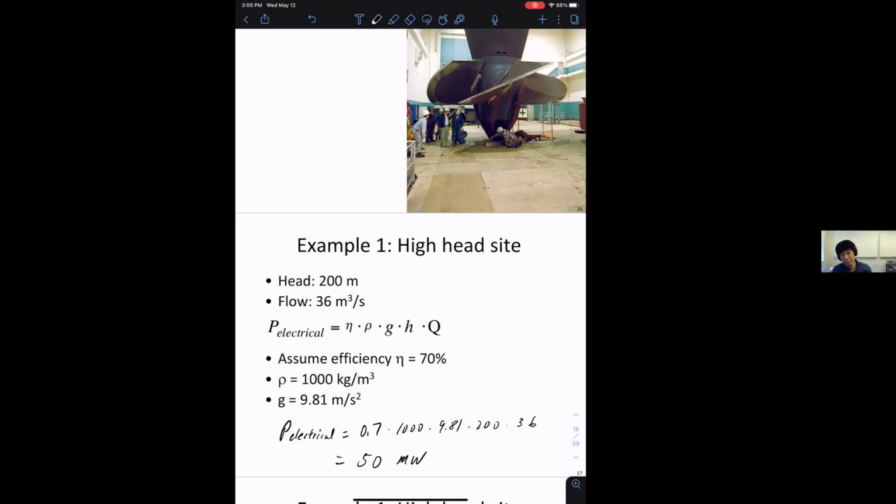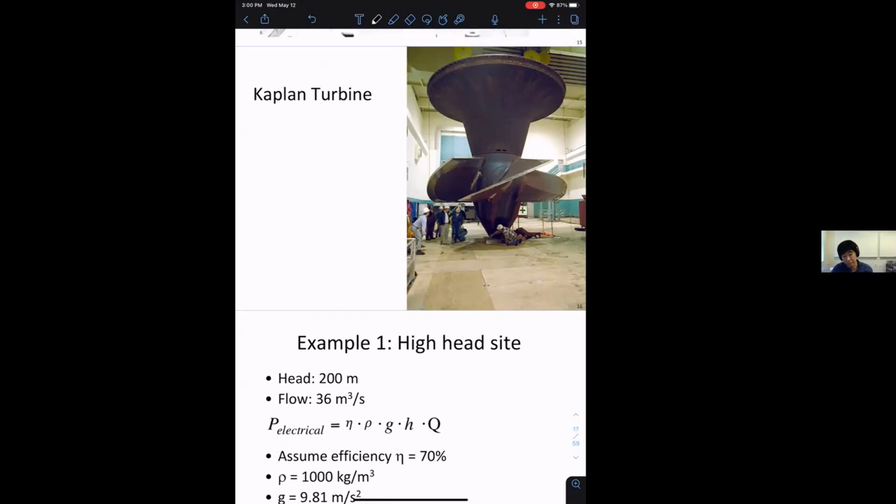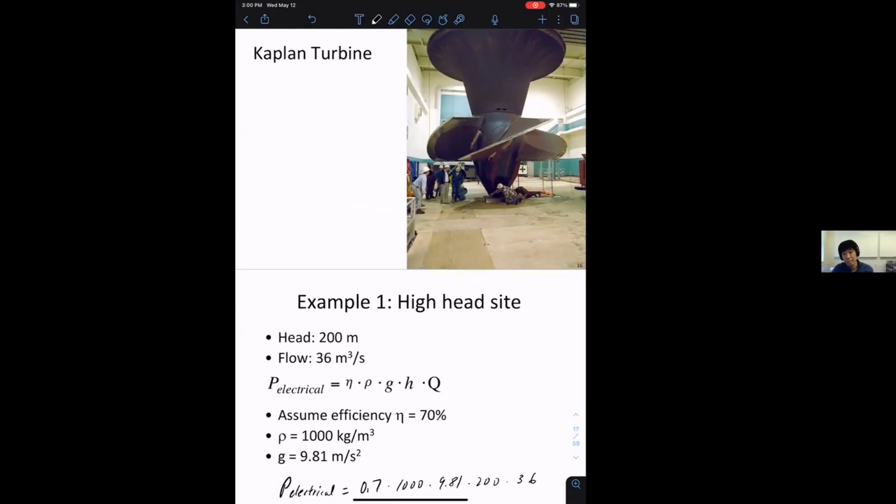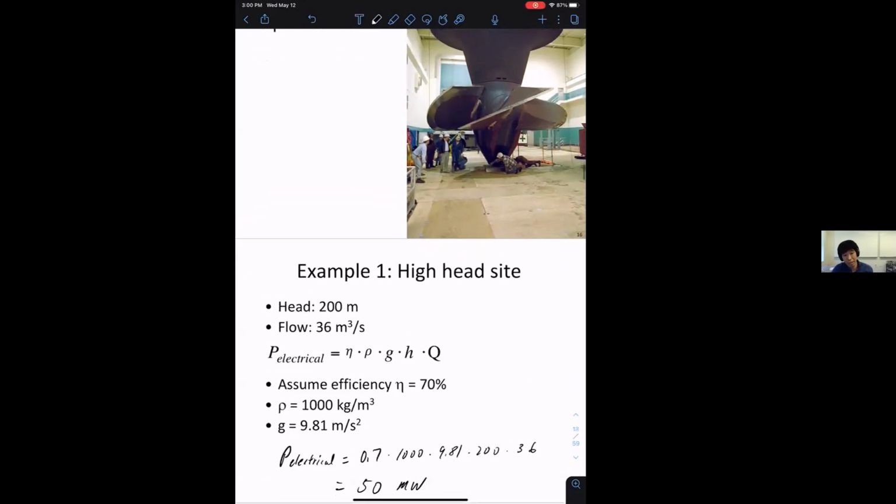For most hydropower plants, these are not small plants, right? We're talking about numbers in the tens of megawatts and hundreds of megawatts, right? So these are very large machines. As you can see from the size of the turbines, these are again very large machines. So a typical number is 50 megawatts, 100 megawatts.